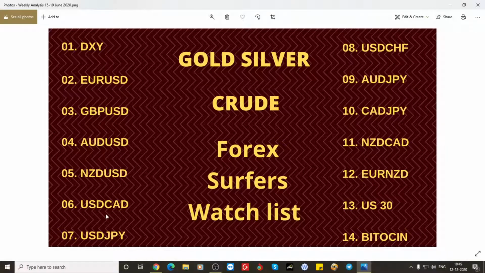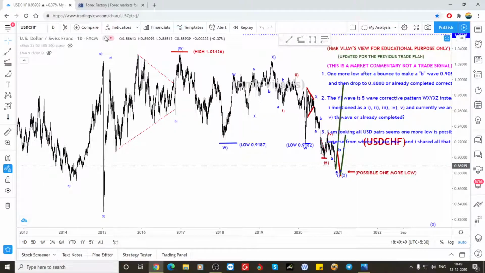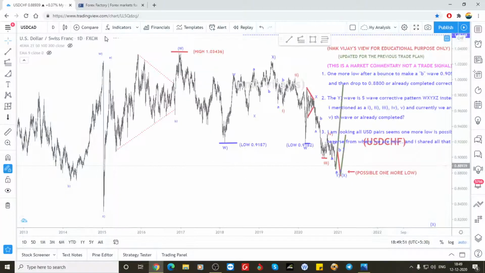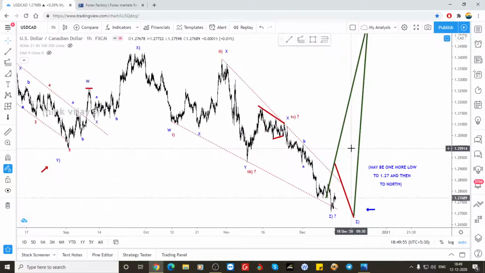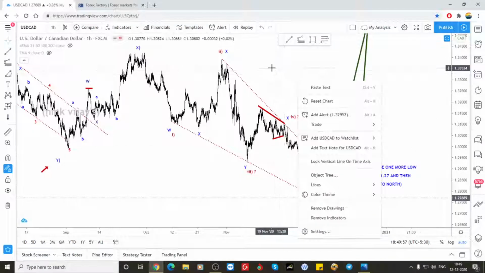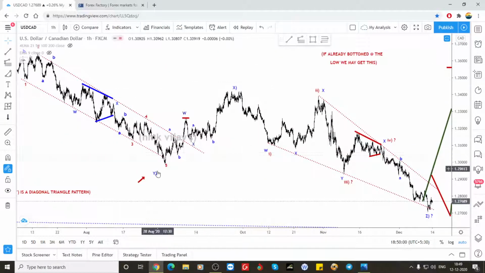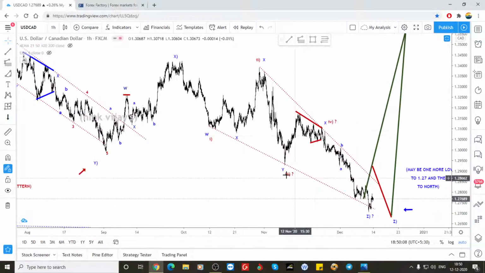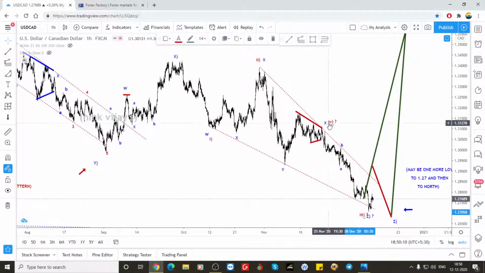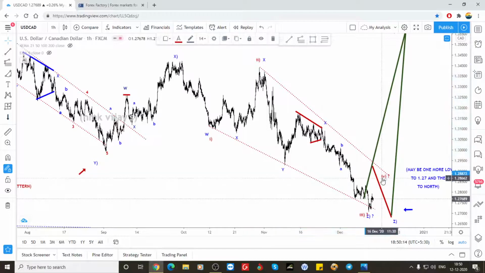Australia, New Zealand, USD CAD. I think we need to go to USD CAD; we haven't done it. So USD CAD is also the same as it is. If this is placed as W, X, Y, X, ABC, Z is completed, or if this is the end of the third, one more wave for the fourth is also possible in the three-wave structure.